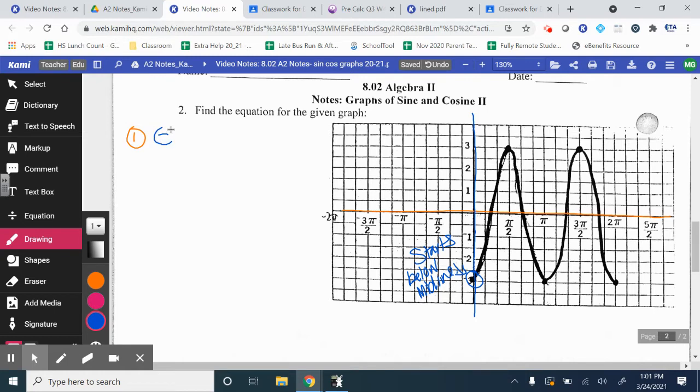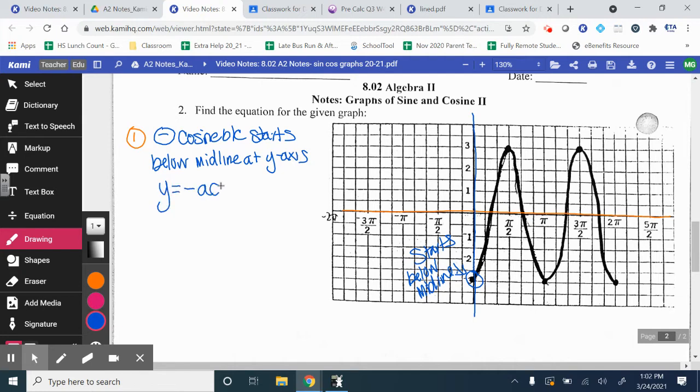So we know we're going to have a negative cosine because it starts below the midline at the y-axis. So far we know it's going to be y equals -a cosine bx plus c.